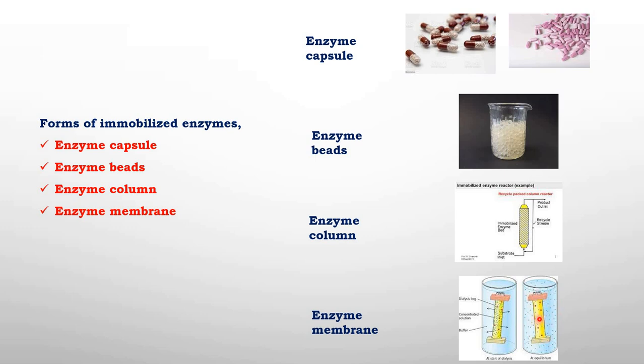Due to osmosis, the enzymes remain inside the membrane, and the buffer is interchanged within the membrane system. Ultimately, after some time, we can get the pure form of the enzyme, because all the impurities come out from the membrane.